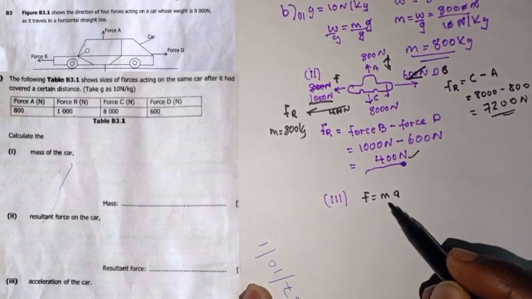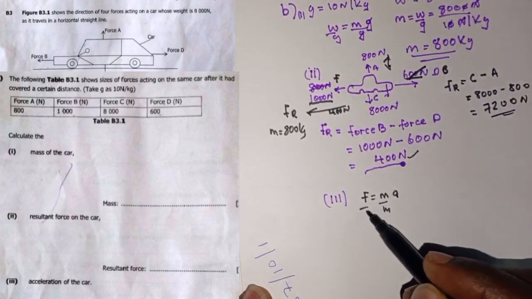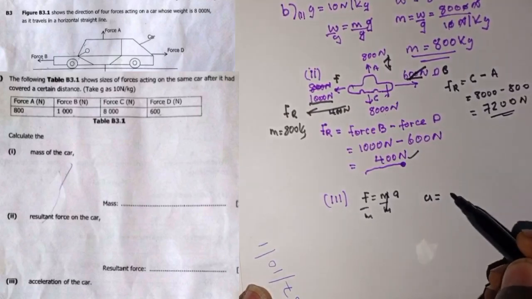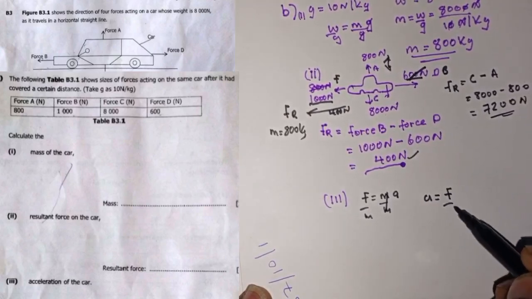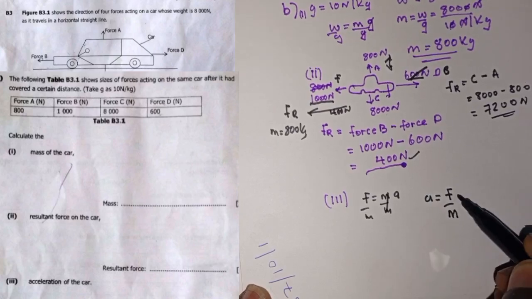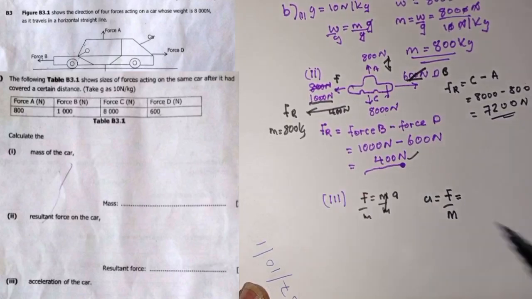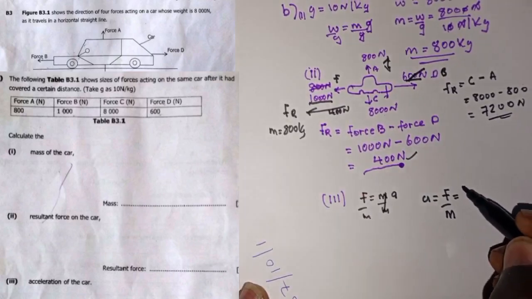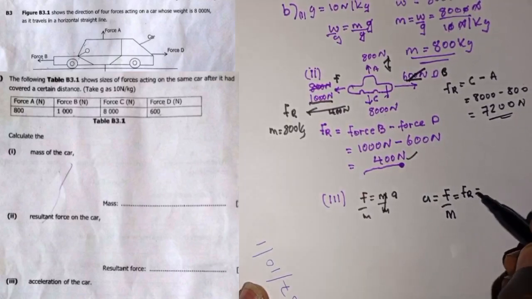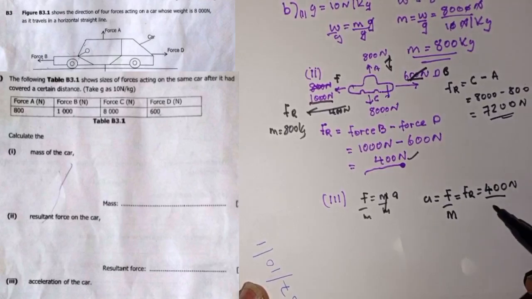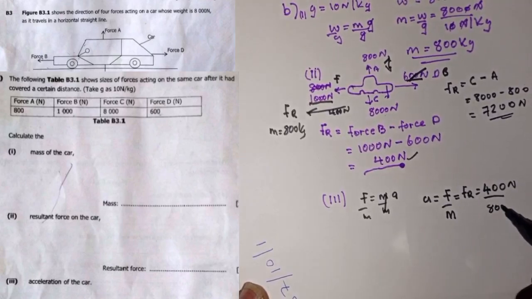We are looking for acceleration, so we divide by mass. So acceleration is simply equal to force over mass. The force is the resultant force, which is equal to 400 Newton, and the mass is simply 800 kg.